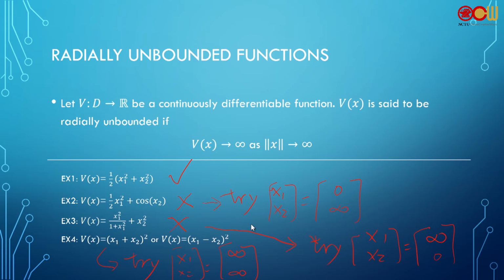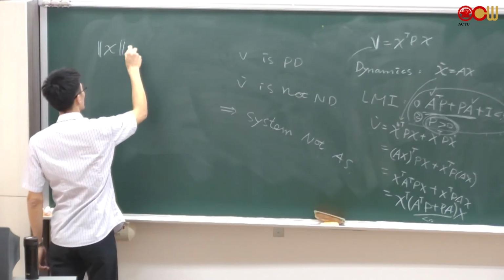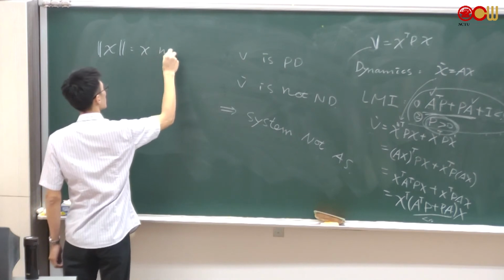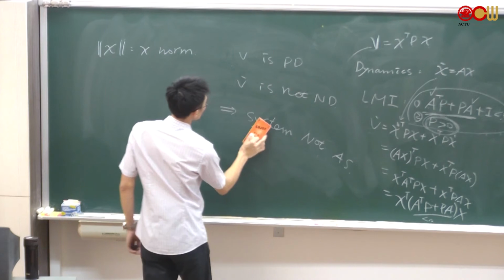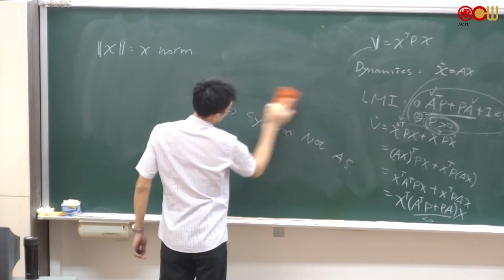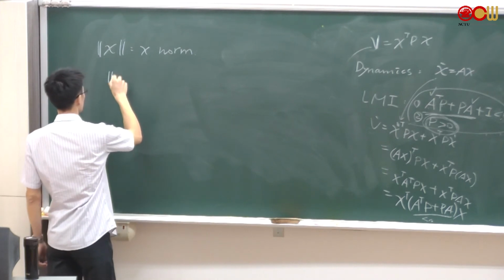Does anyone know what the x norm is? It is the 2-norm. Usually we just say x norm. Here it is the 2-norm, and it is defined as follows.